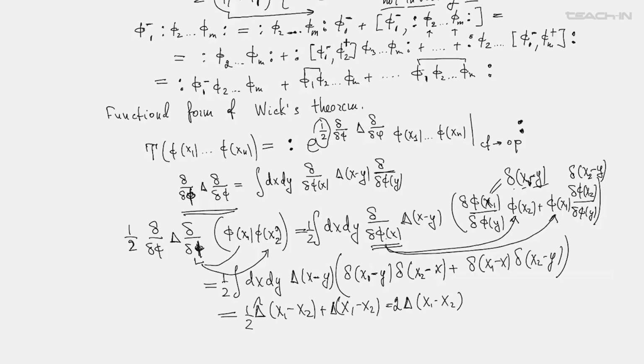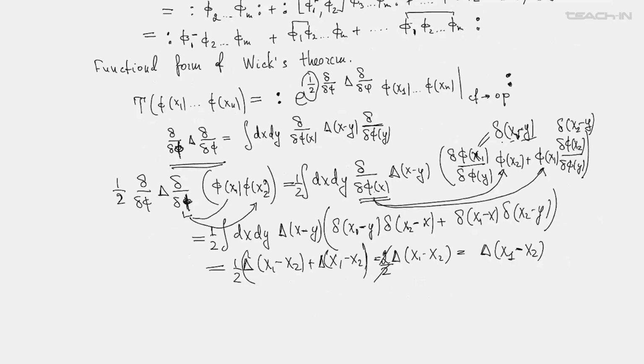So they cancel, and at the end you get, as a contraction of two fields, just a propagator between x1 and x2. You can also see that very nicely when you expand this exponential: from the exponential you get 1 over n factorial. This n factorial exactly matches the number of repeated terms which you will obtain upon applying this variational operator n times, to reproduce exactly the right number of terms in this formula for the Wick contraction.